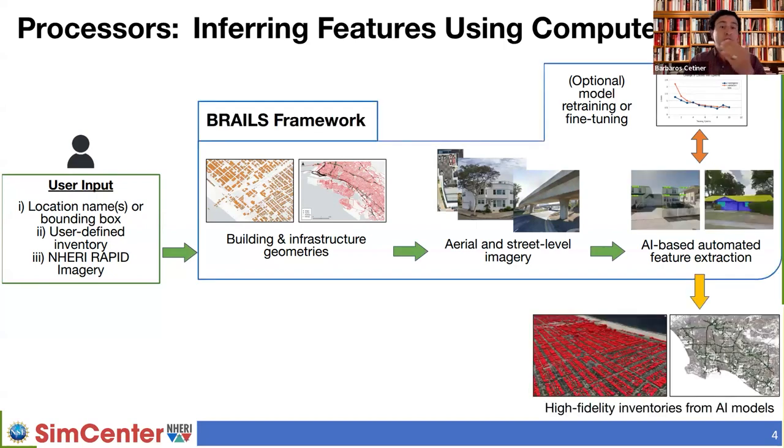What will come out of this kind of pipeline that you can run in Braille's++ is a high-fidelity inventory that contains attributes that you might otherwise not be able to extract from public data sets or elsewhere.